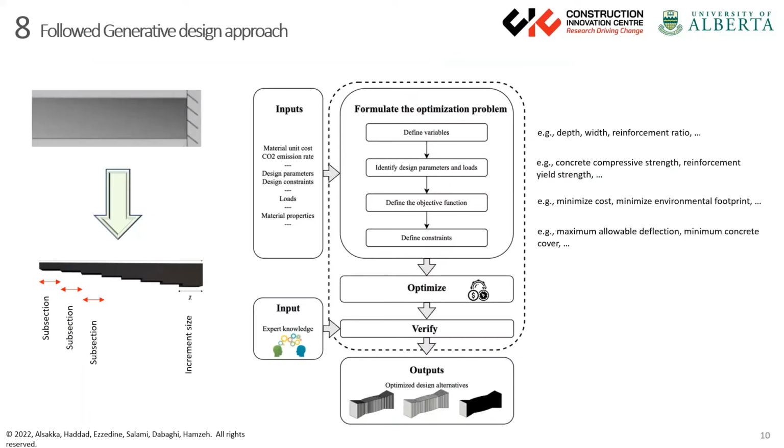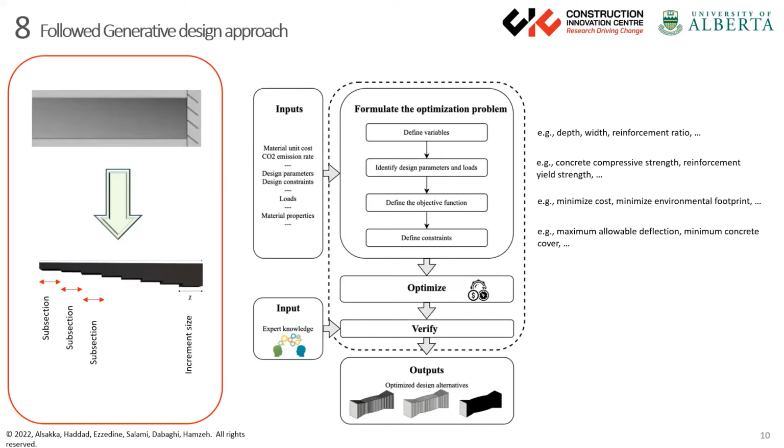All right, so here's an overview of our generative design approach. We've demonstrated the logic underlying our approach through its application to simply supported beams and cantilever beams. As I mentioned before, assume we have this cantilever beam. The approach is mainly based on dividing the beam into multiple subsections.